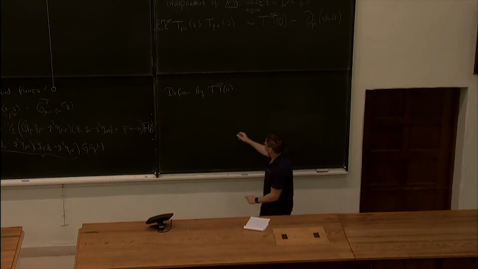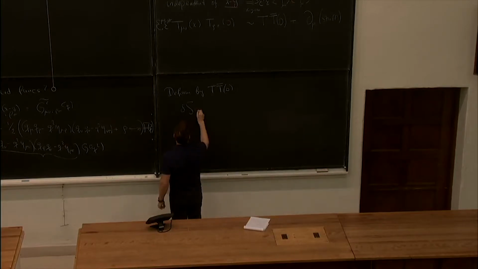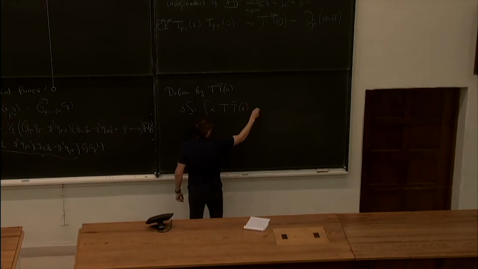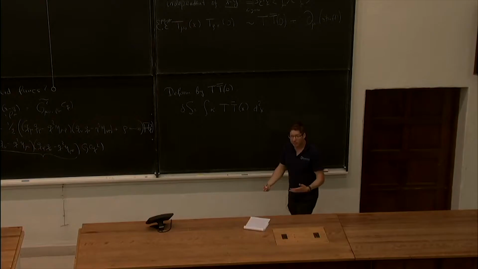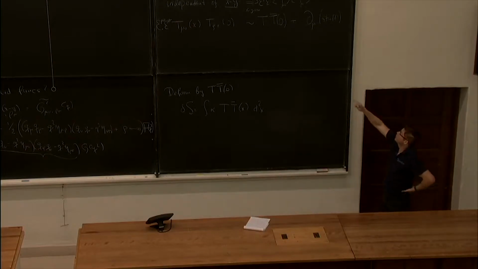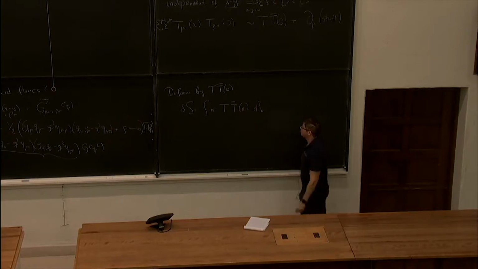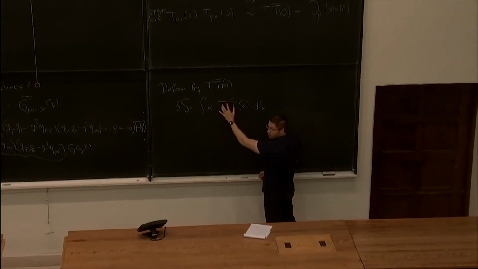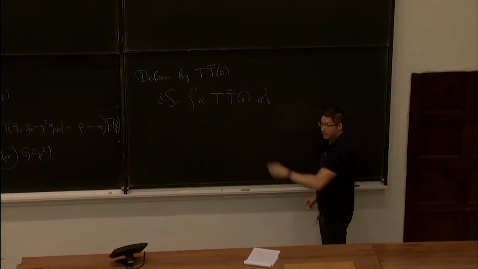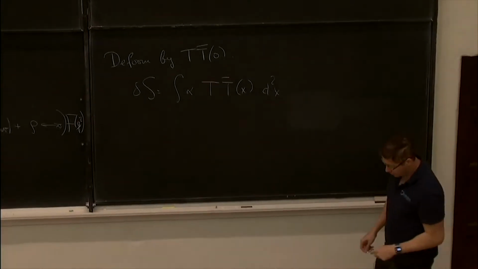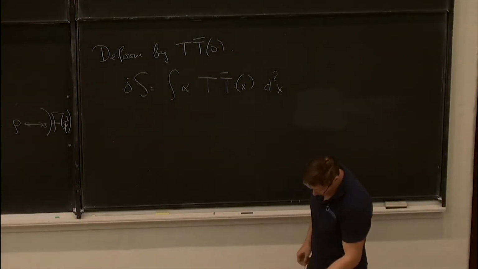So the idea is that we add to the action some coefficient alpha times TBar of x, and we integrate it over x. What comes next is utilizing this fact about TBar in flat space, and then studying it also in compact space, and using these simplifications that TBar enjoys to compute partition functions, energy levels, many things in quantum field theory, even without, as I said, supersymmetry.